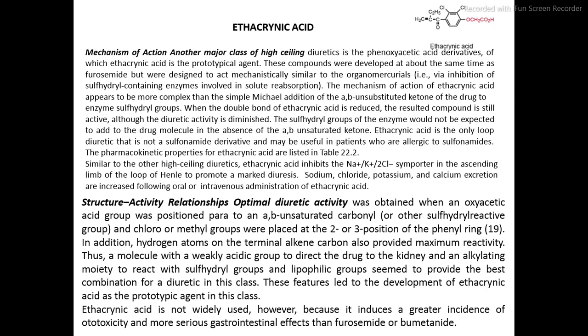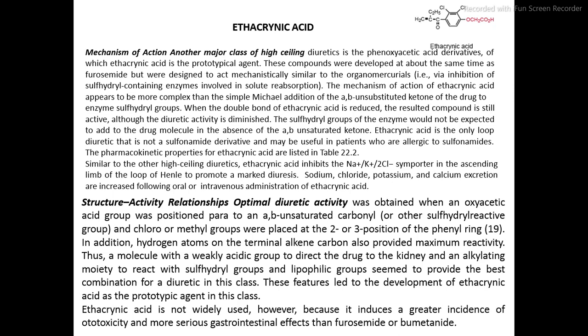Thus, a molecule with a weakly acidic group to direct the drug to the kidney, an alkylating moiety that reacts with the sulfhydryl groups, and a lipophilic group seems to provide the best combination for a diuretic in this class. These features led to the development of ethacrynic acid as the prototypic molecule of this class.